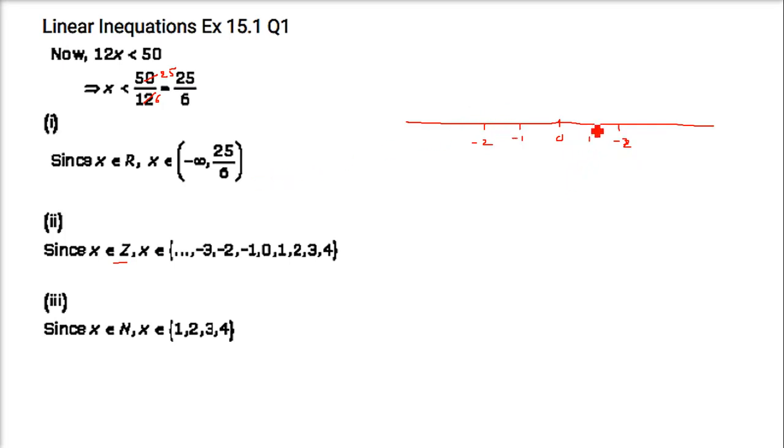And those numbers which start from 1 here on the right hand side are known as the natural numbers. So every time when this is an inequation or inequality, depending upon the domain of x, we have to find out the solution.